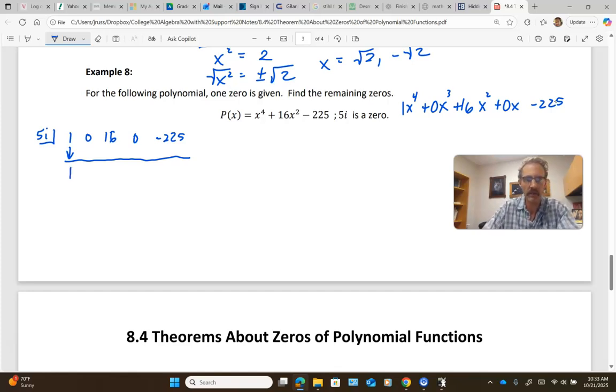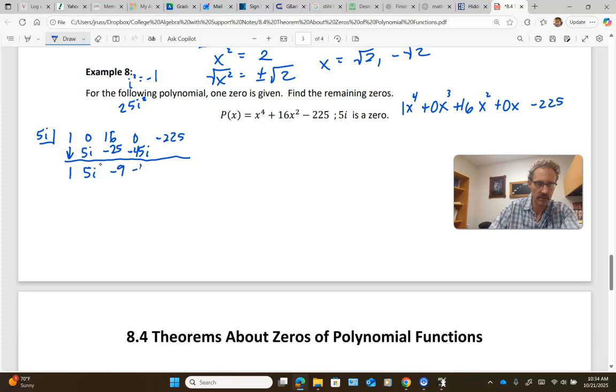We're going to drop down the 1. 5i times 1 is 5i. 0 plus 5i is 5i. But here, guys, 5i times 5i is 25i squared. If you remember, i squared is equal to -1. So that's going to make this a -25. And 19 plus -25 is -9. 5i times -9 will be -45i.